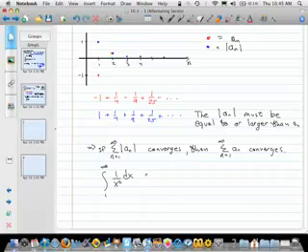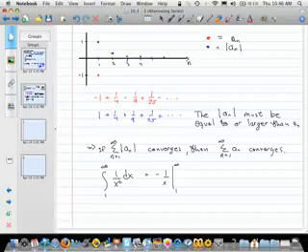So that's going to be negative 1 over x evaluated from 1 to infinity, but really there's a limit as b goes to infinity.